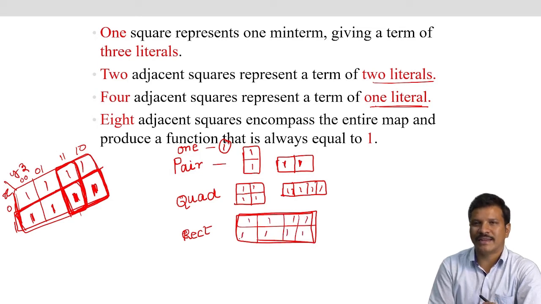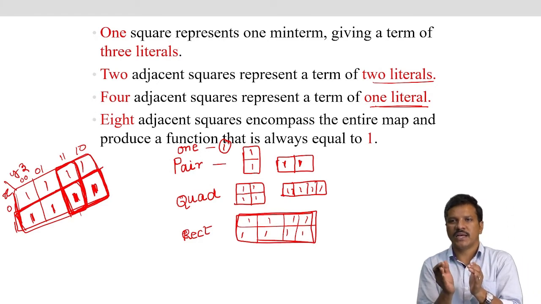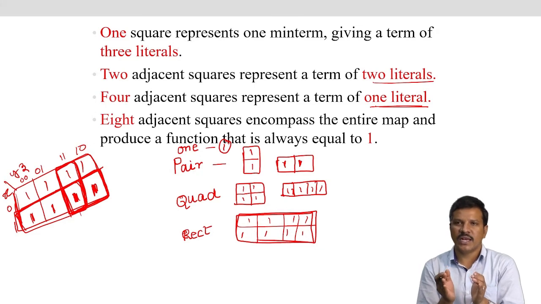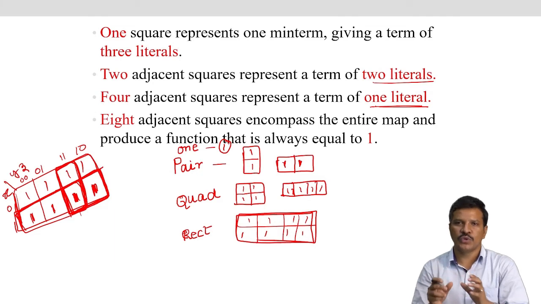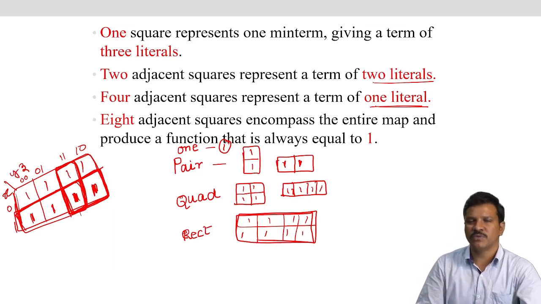When all ones are there, every square box is encompassed with minterms, so that every minterm is neighboring with another minterm, and among those two it is possible to minimize one literal.